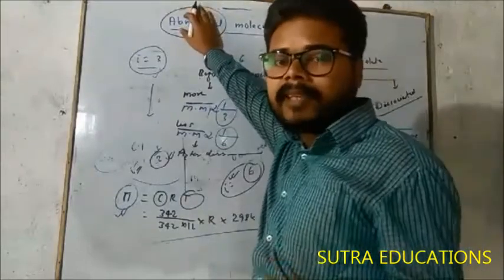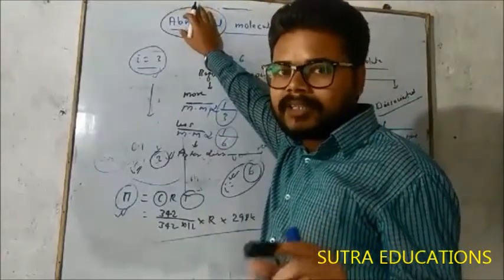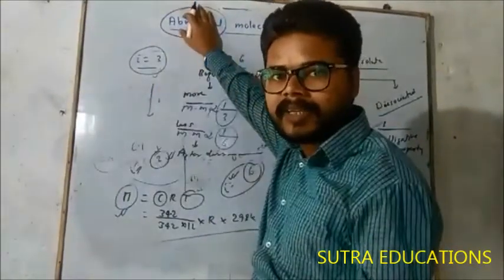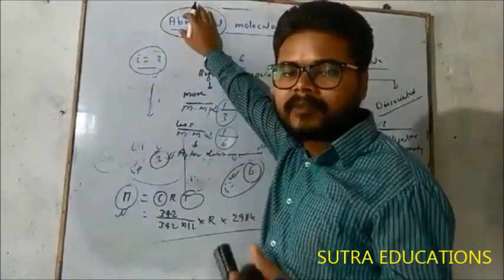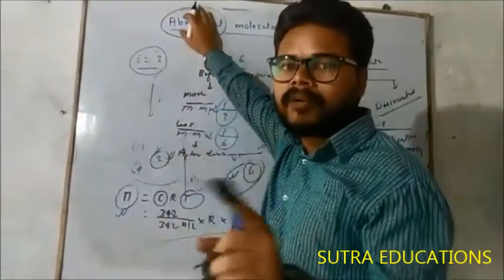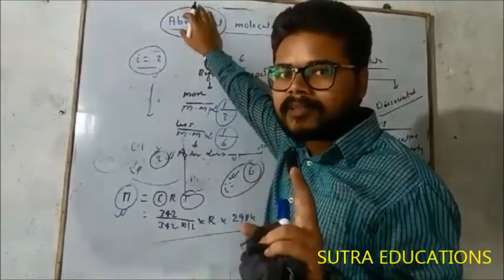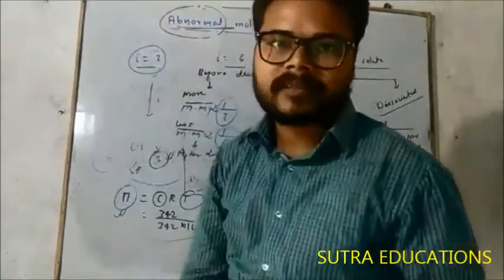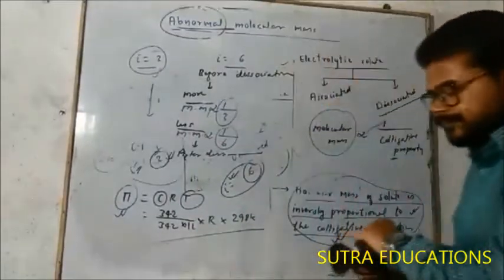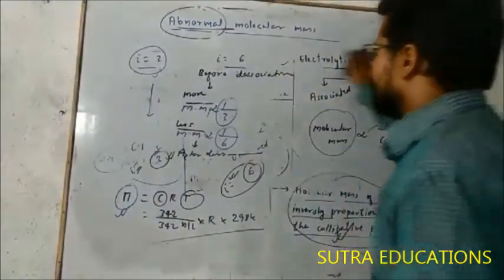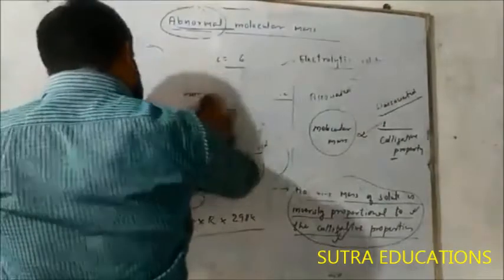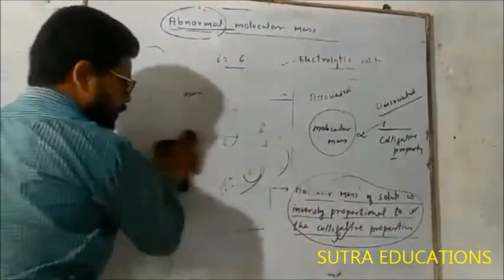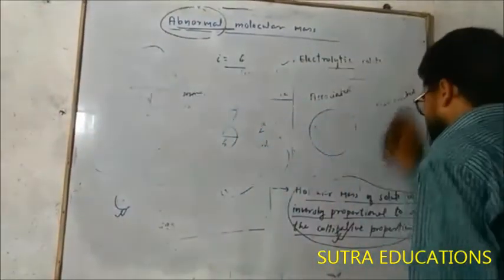If colligative property is increasing, then molecular mass will decrease, and if colligative property is decreasing, then molecular mass will increase. We are not going to get the normal molecular mass, and that's why it is called abnormal molecular mass. So we will discuss abnormal molecular mass in case of association of solute particles and in case of dissociation of solute particles.